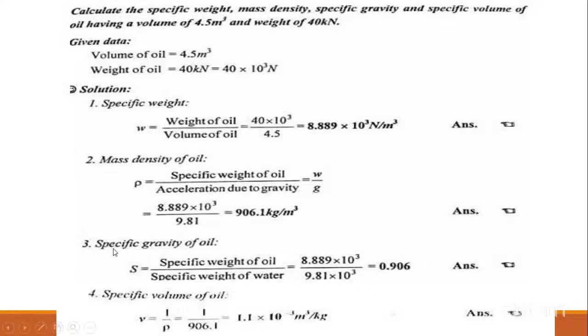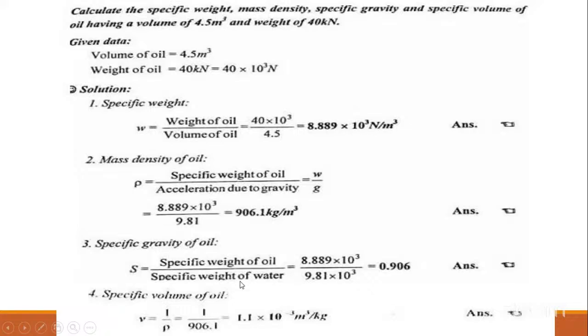Then number 3, we are asked to find the specific gravity of oil. So we use specific weight of oil over specific weight of water. Specific weight of oil was calculated as 8.889 times 10 raised to 3.